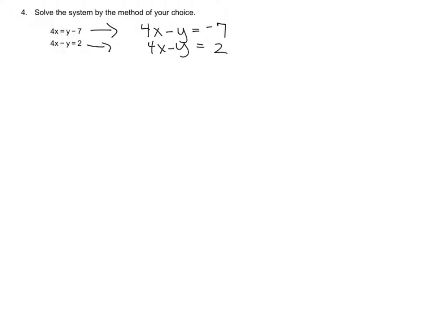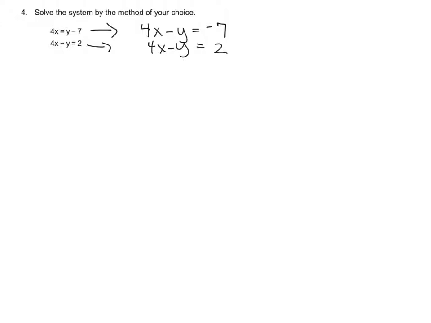Now I want to multiply an equation by a value so that when I add the equations together, the x's go away or the y's go away. If I multiply the second equation by a negative 1, when I add the x's together, they will be eliminated.